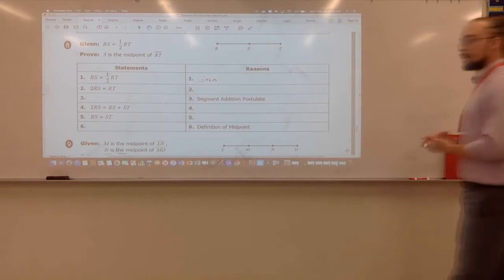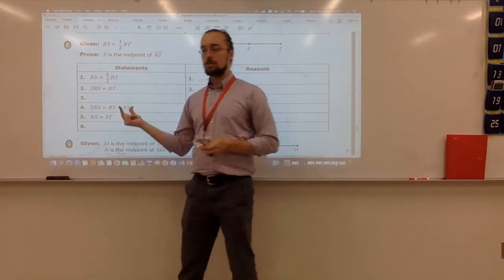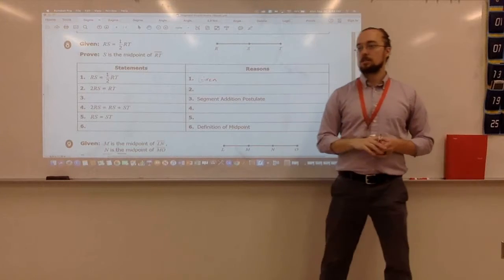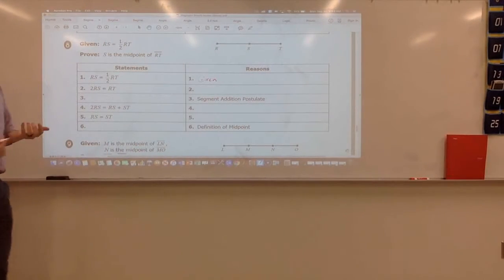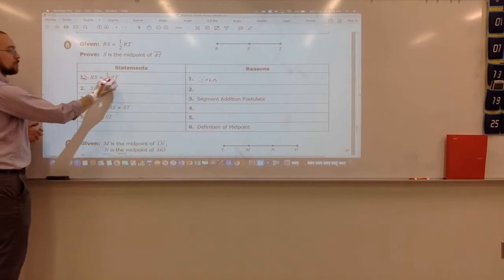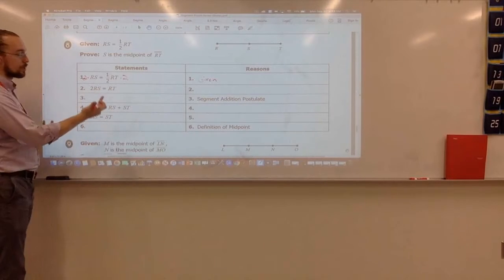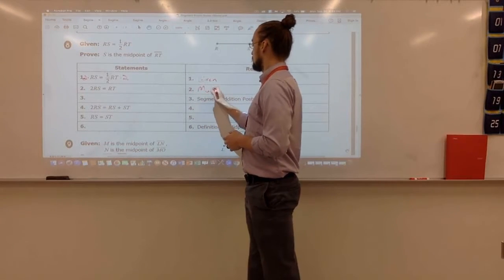Now in the next line, somehow they claim that 2 times RS is equal to RT. How can I go from this line to this line? We're just going to multiply both sides by 2. So times 2, times 2. 1/2 times 2 is just 1, right? So that's how we end up with this line here. So that's just the multiplication property.